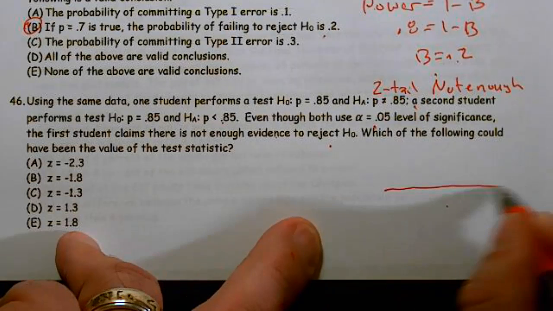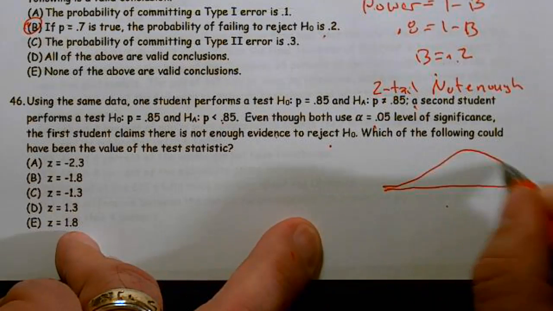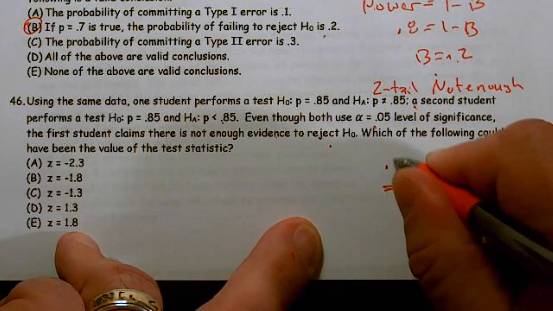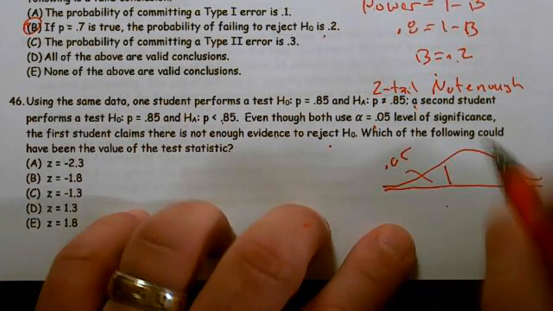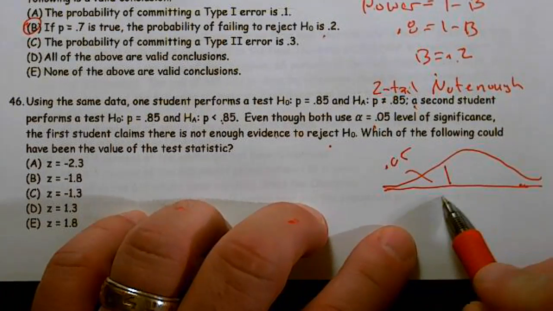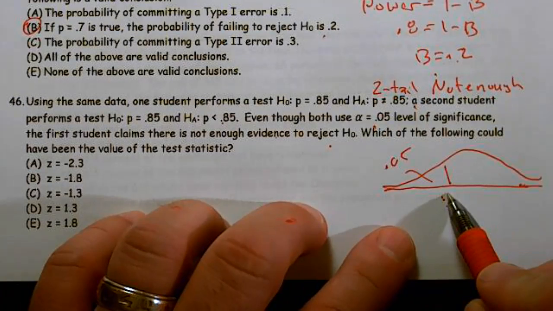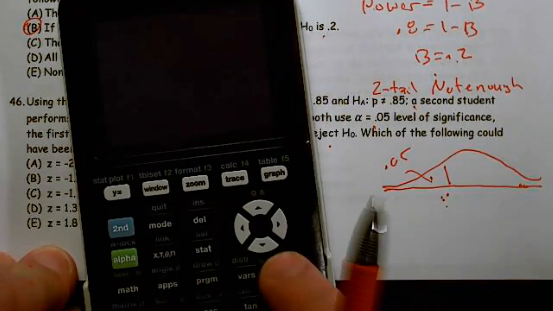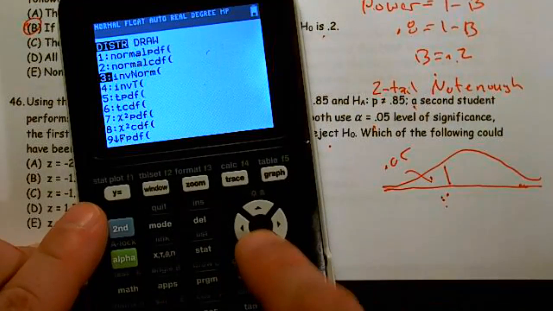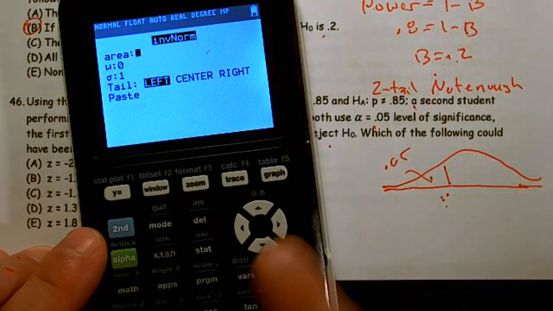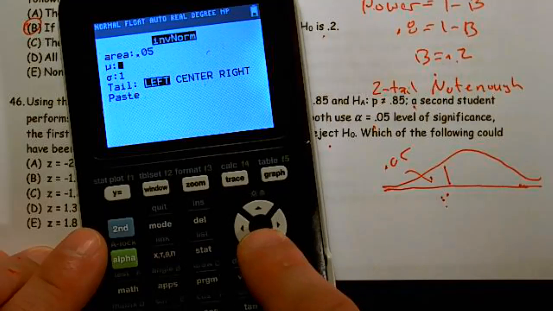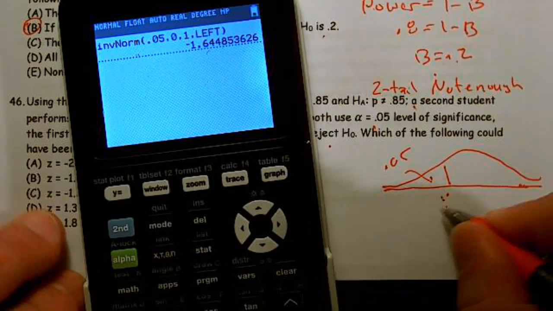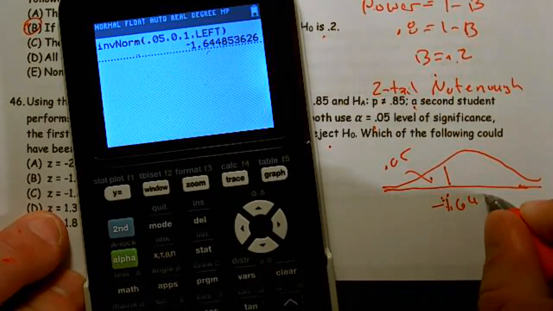So let's set this up. Well, the one-tail did a lower tail, so alpha is 0.05. Let's calculate a z value right here. So we're going to do a second VARS inverse norm, 0.05, mean of 0, standard deviation 1, and I get a value of negative 1.645.